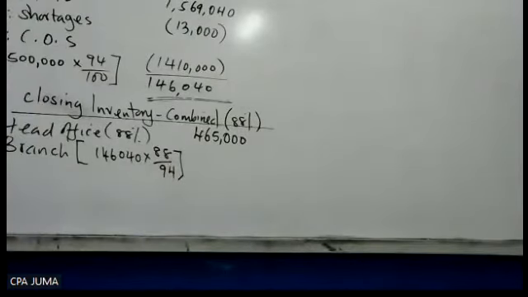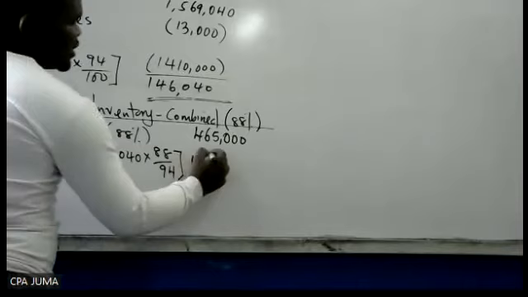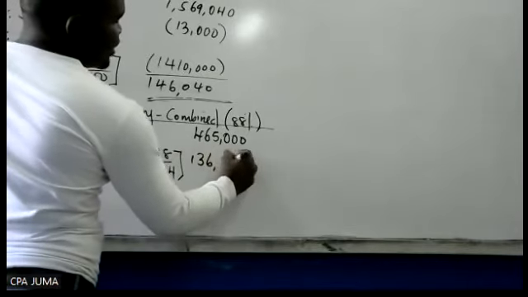So you multiply by 88 over 94. How much is that? 136,718. 136,718.